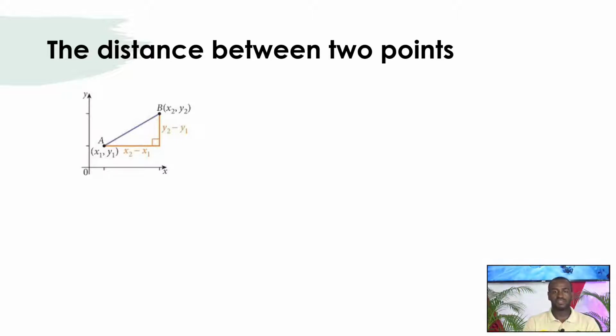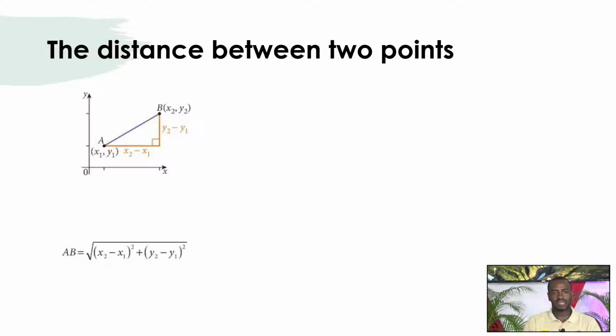Now, since you have the two sides being y2 minus y1, that is the vertical side, while the horizontal side is x2 minus x1, when you apply the Pythagoras theorem, you will end up with a formula looking like this.